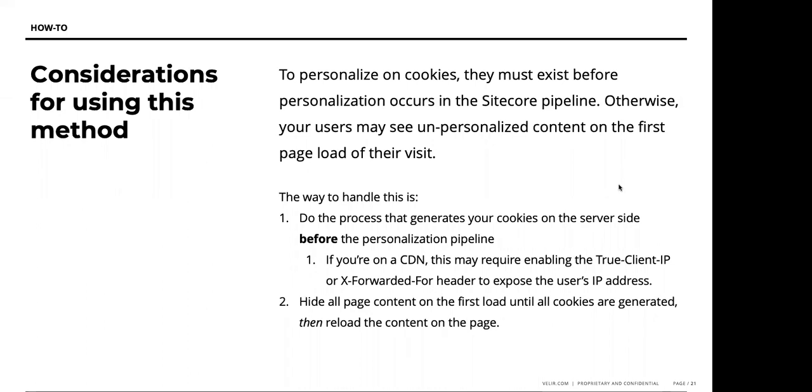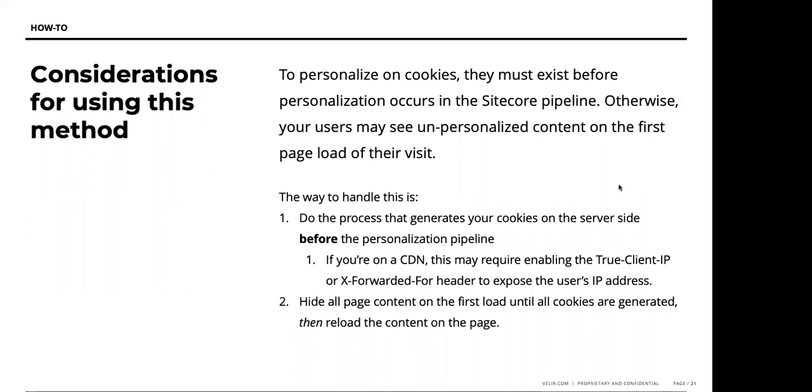But then when we got to production, it turned out that it wasn't returning the user's actual IP address because we were on Azure CDN. And with the CDN setup, it was masking the user's IP address and just returning the IP address of the server itself. So there are a couple ways that you can handle this.